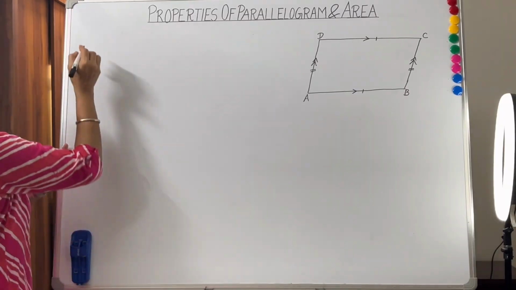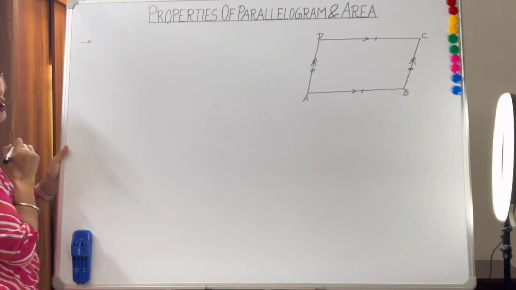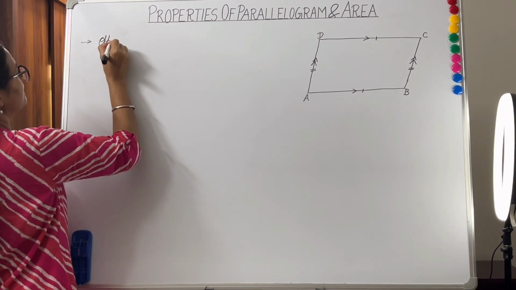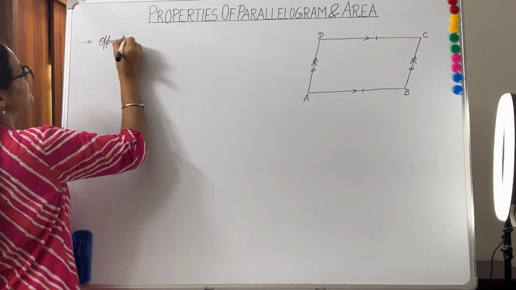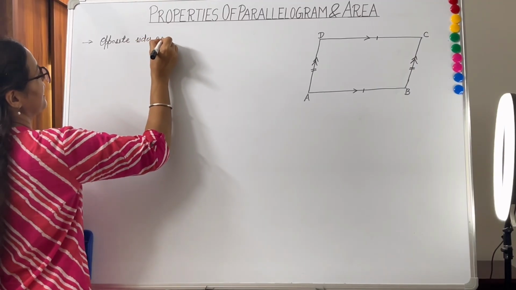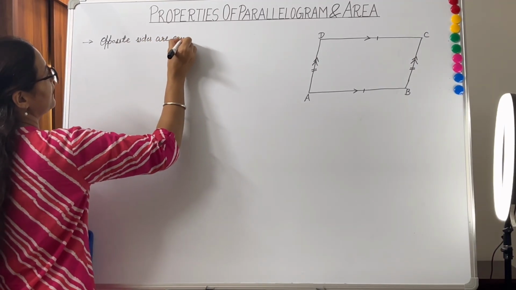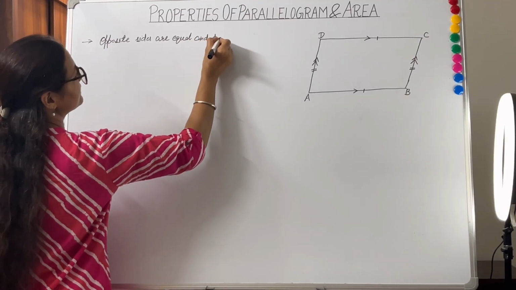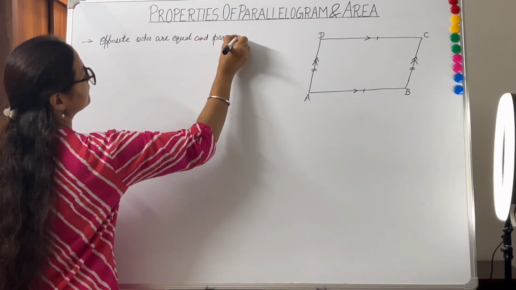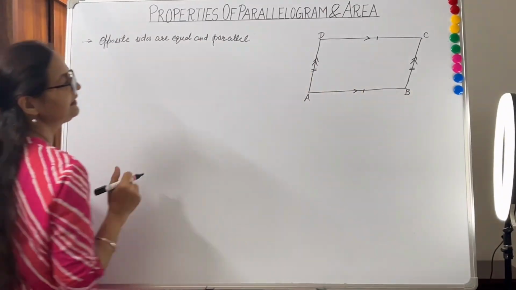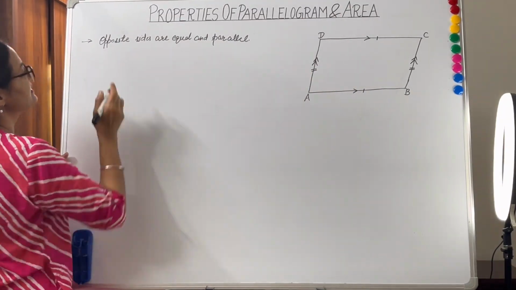Okay. So first property of parallelogram is opposite sides are equal and parallel. So according to our figure, we have parallelogram ABCD.